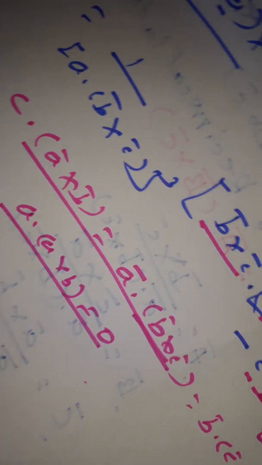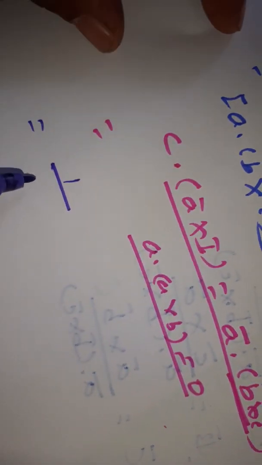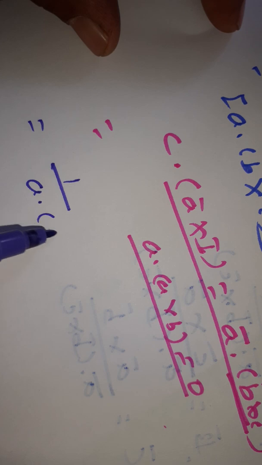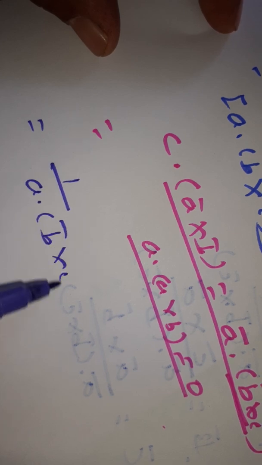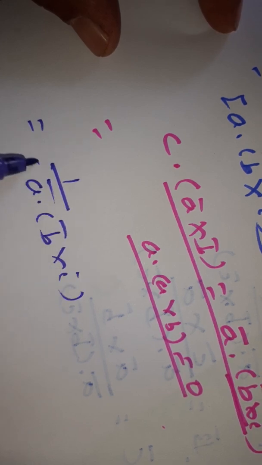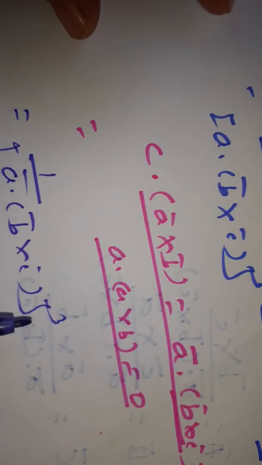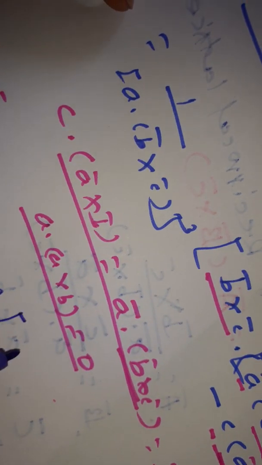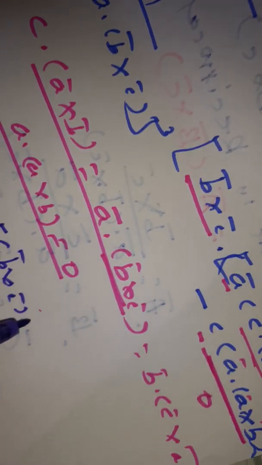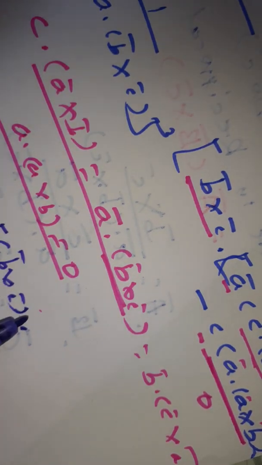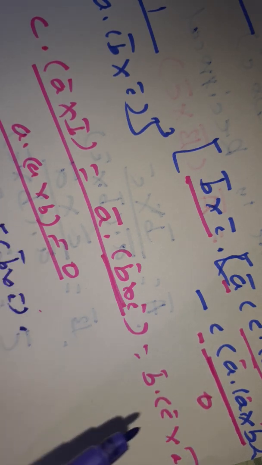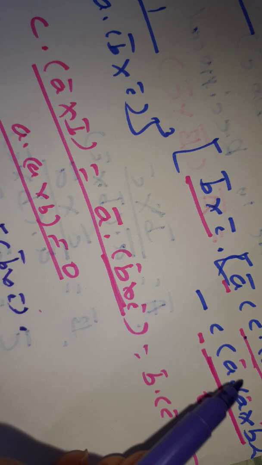1 upon A bar dot B bar cross C bar, whole cube, in bracket B bar cross C bar dot, this is replaced by this.